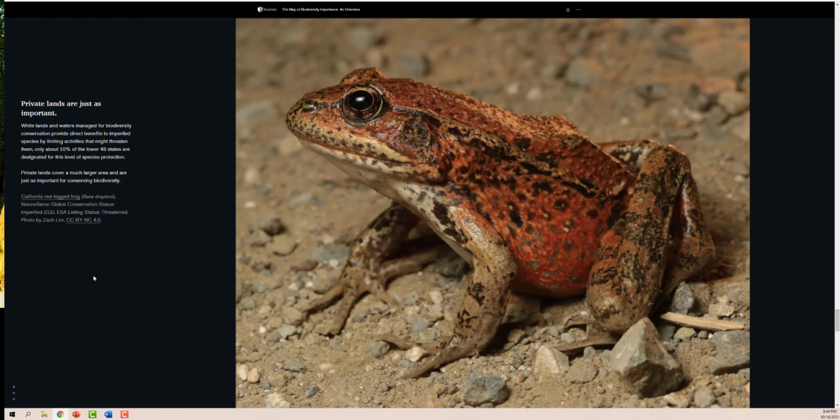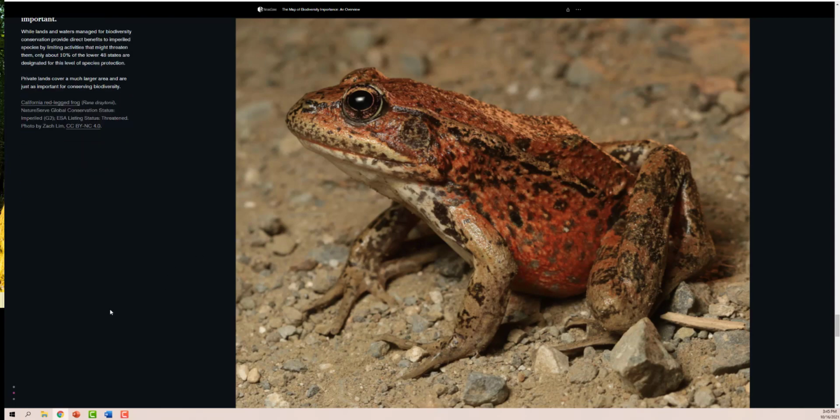And that refers to the public land availability. But private lands cover a much larger area and are just as important for conserving biodiversity. This is a California red-legged frog, and the NatureServe global conservation work has classified it as imperiled, and the ESA listing says that it is threatened.